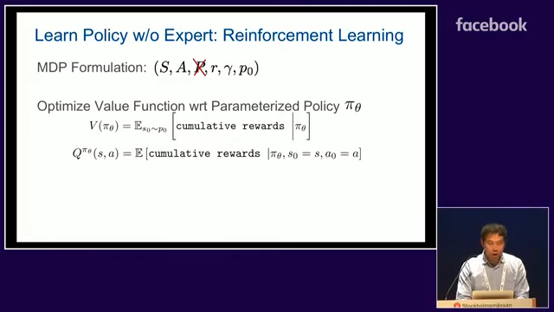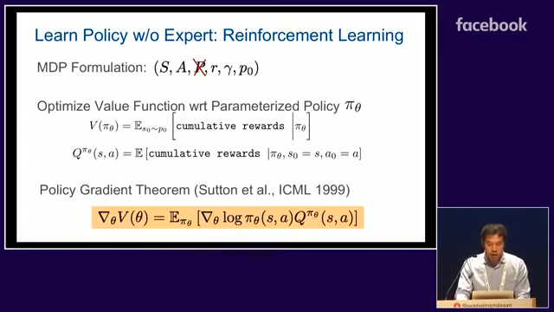And then we try to optimize for the value function by taking the gradient with respect to theta. The gradient of V with respect to theta is given by the policy gradient theorem. And this is really nice because it's transformed the gradient of V into something that depends on the gradient of the policy and does not depend on the gradient of the unknown dynamics.